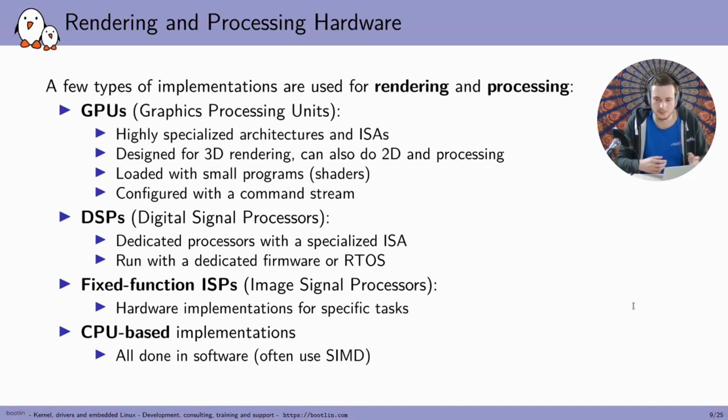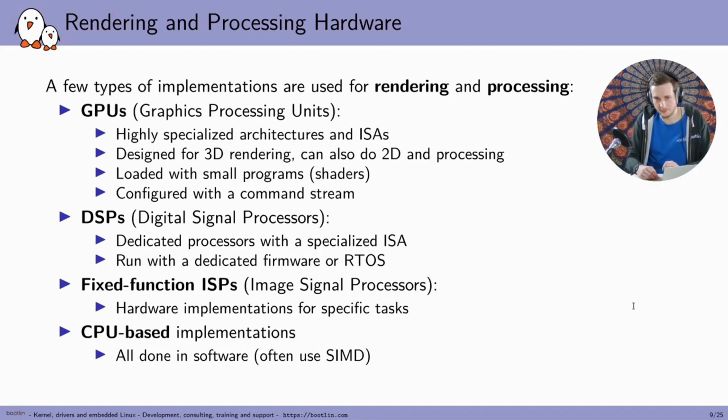So it can do all sorts of 3D calculation and so on. And it can also be used for 2D, as we're going to see a bit later. So this GPU is loaded with small programs that we call shaders. And it's configured with something we call the command stream, which is basically a binary series of instructions that the GPU is going to be able to understand, to correctly configure its pipeline, and eventually be able to produce pixels from this configuration.